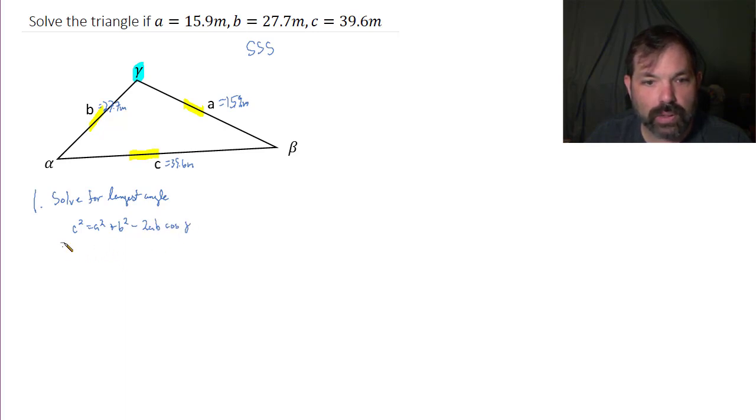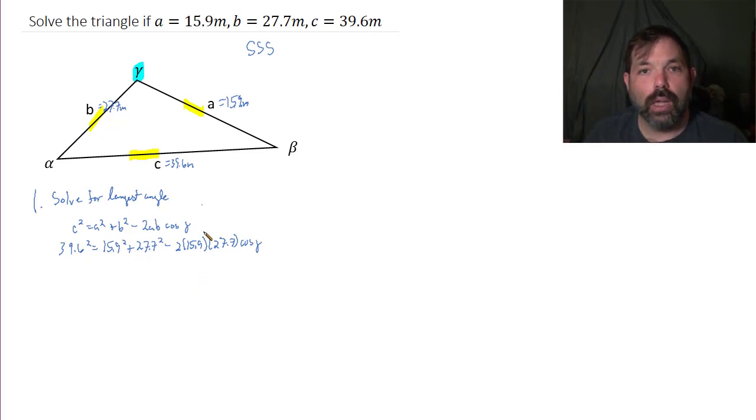So then 39.6 squared is 15.9 squared plus 27.7 squared minus 2 by 15.9 by 27.7 by the cosine of gamma. All right, so I've got this equation, and notice that there's only one unknown here, and that's the cosine of gamma. So I have to solve for the cosine of gamma first, and then I'll use the inverse function.